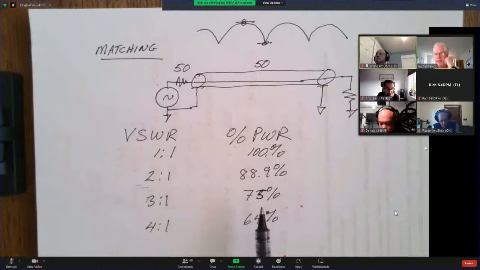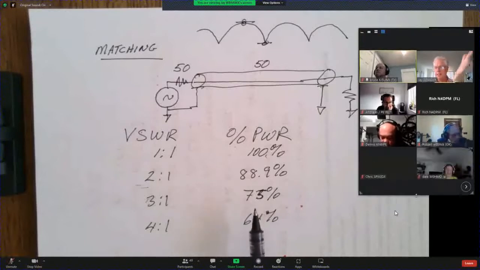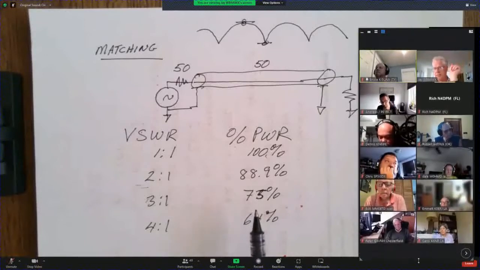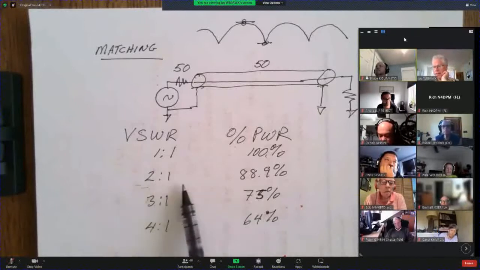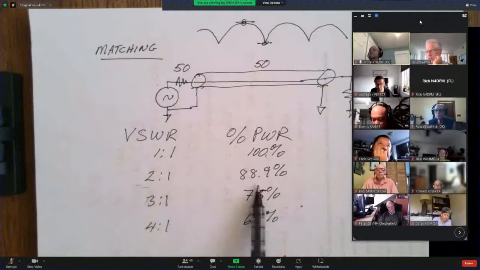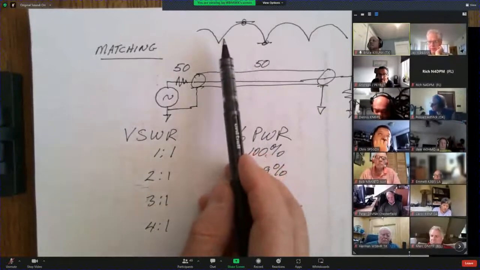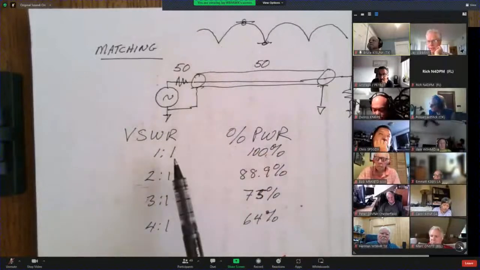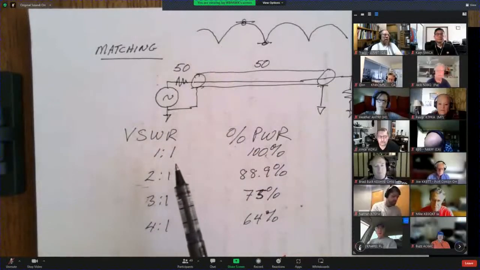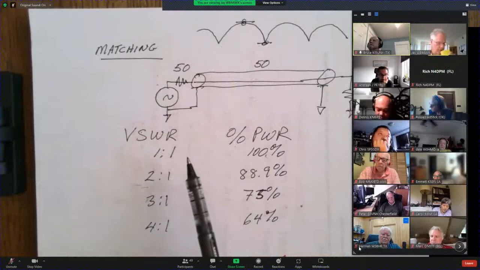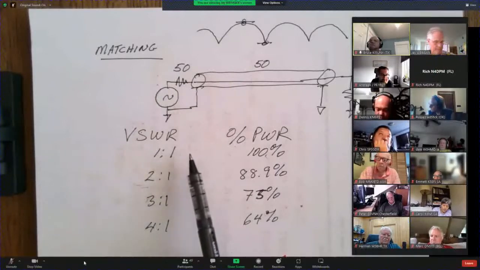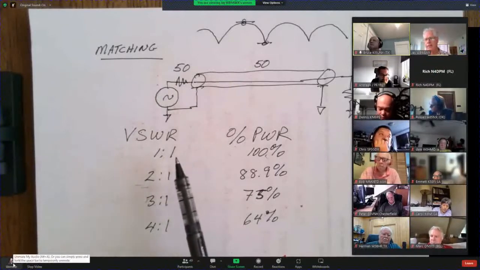But with the advent of solid state, transmitters became more sensitive to that. I would recommend that you don't exceed 2-to-1, because you can get excess voltages and currents back at your transmitter, which could damage the solid state components. And you have to be careful about that.